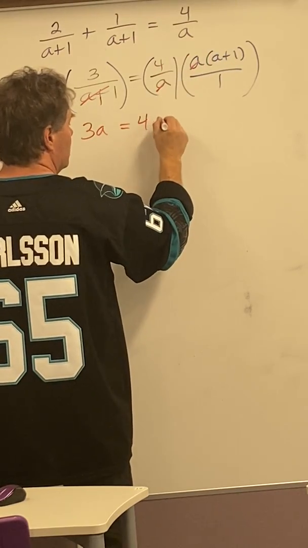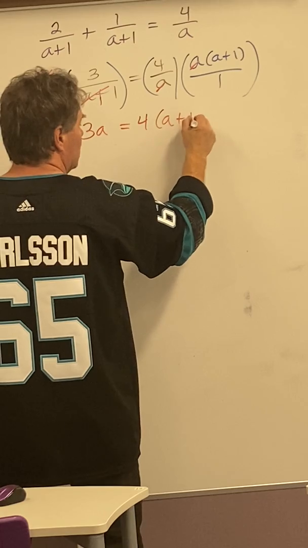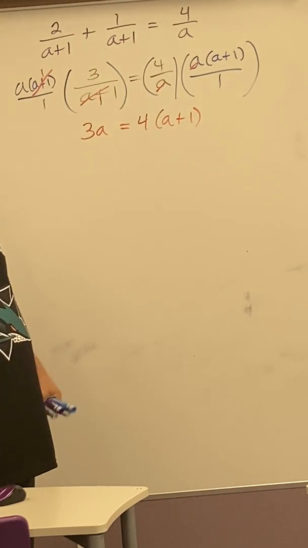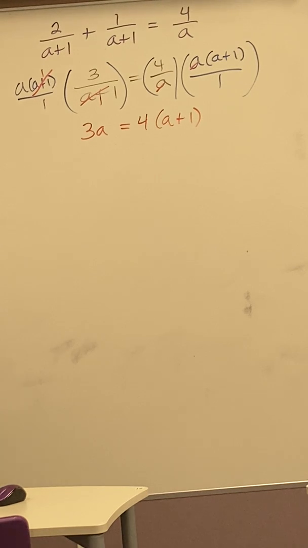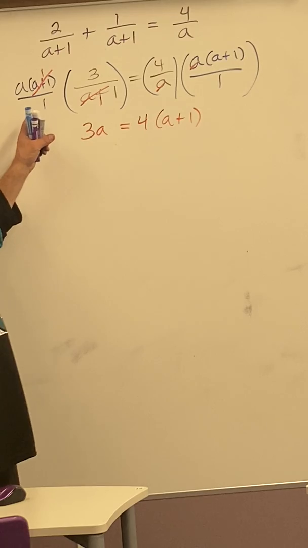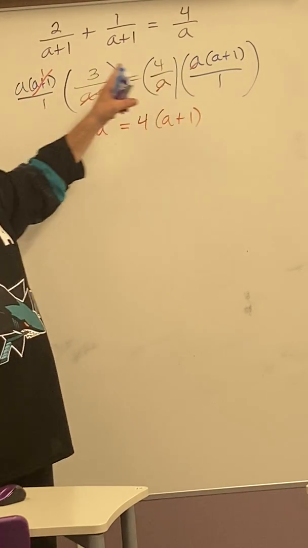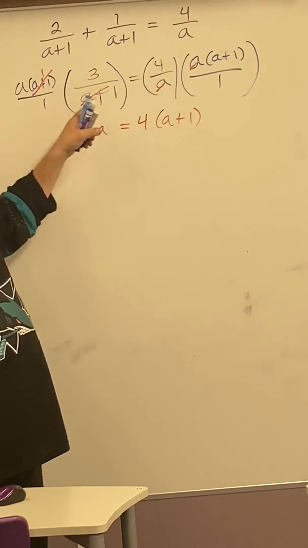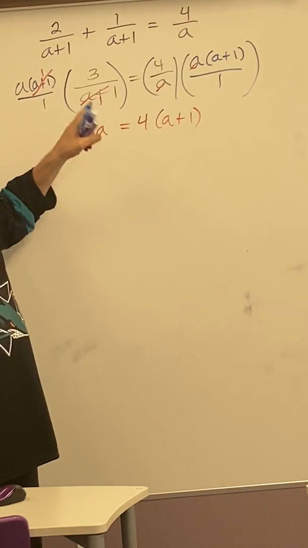a plus 1. Now, I want to point out something. Whenever you have a fraction equal a fraction, that's called a proportion. Then what's equivalent to multiplying by the least common multiple of the denominators is cross multiply. Notice, if I cross multiply, I'm going to get the same thing.